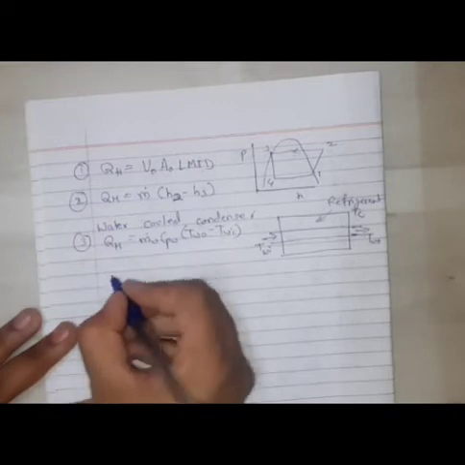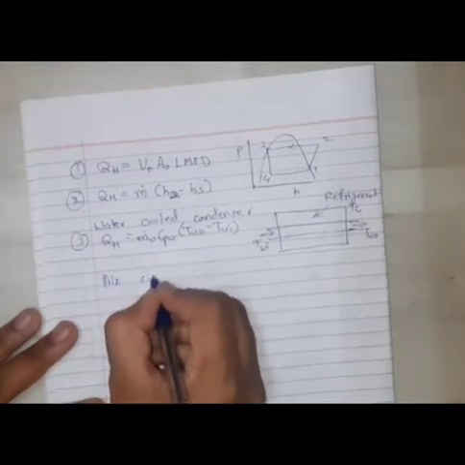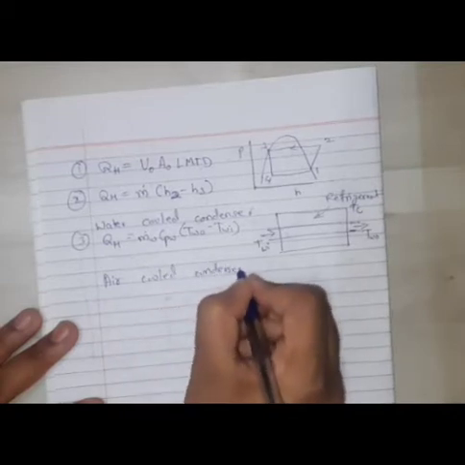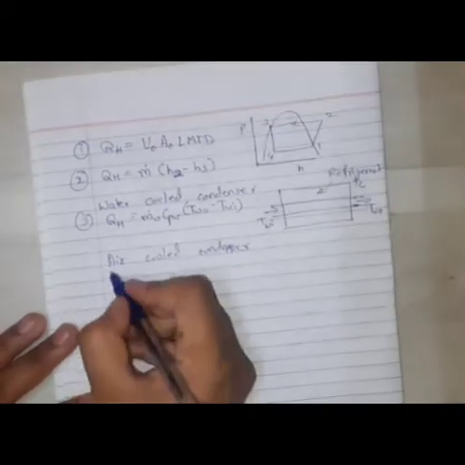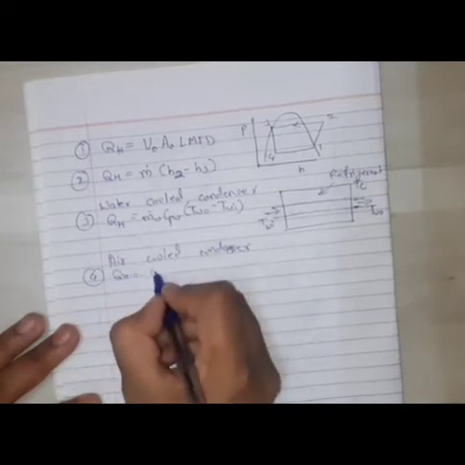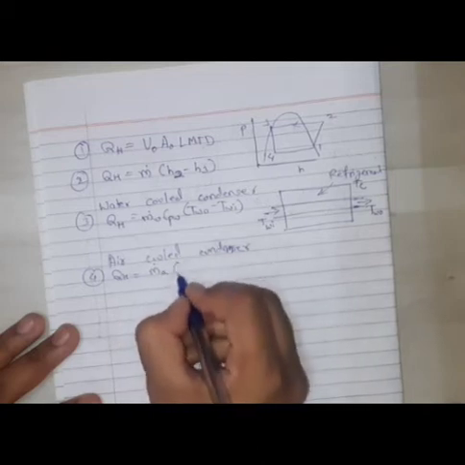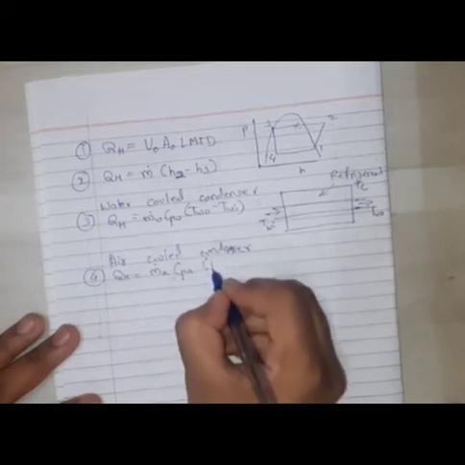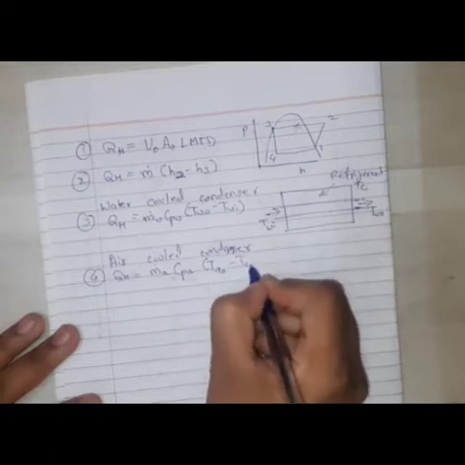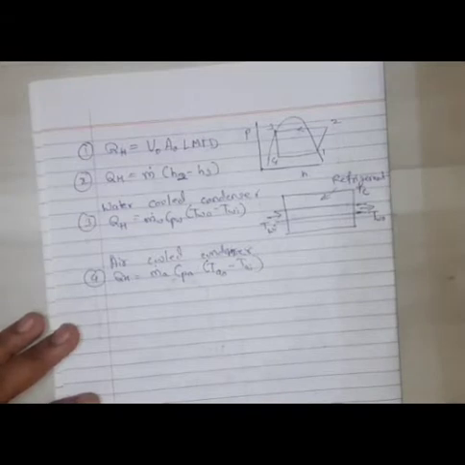Another equation, if let's say an air cooled condenser is there, in that case we can write the same QH is equal to MA dot into CPA into TAO minus TAI, that means air outlet minus air inlet temperature.